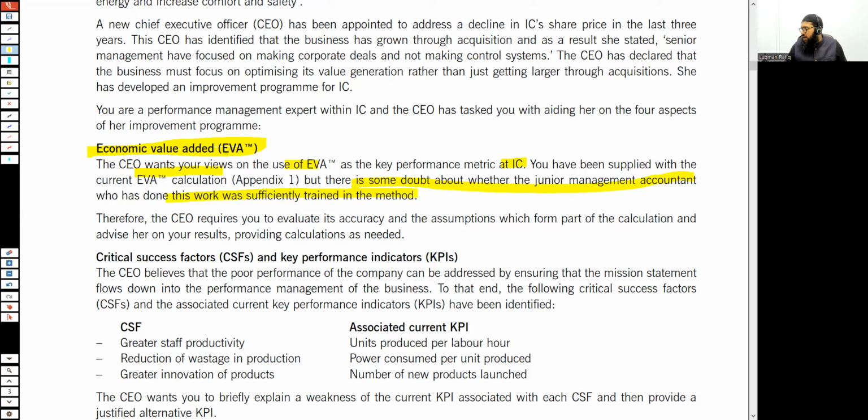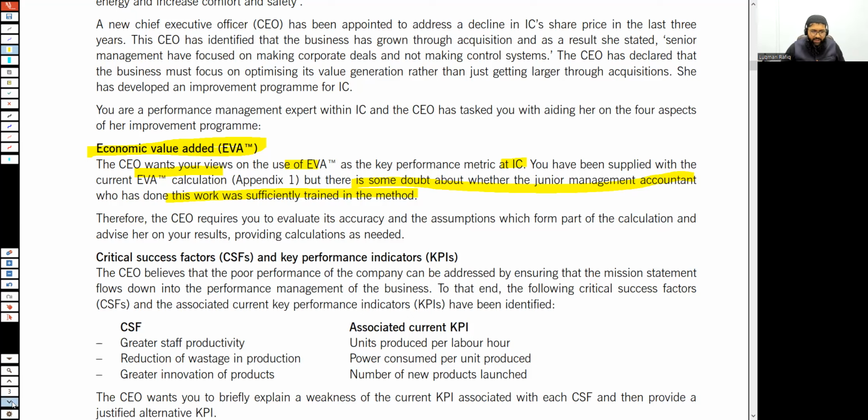So probably the junior accountant has made some errors while calculating the EVA, and you have to rectify those errors. Now, what else does he say? He says that therefore the CEO requires you to evaluate its accuracy and the assumptions which form part of the calculation, advise her on results, providing the calculations as needed.